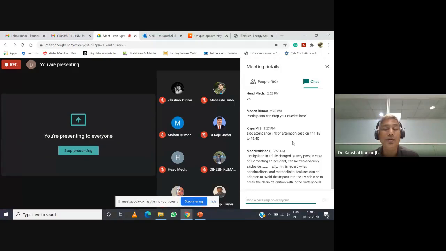And certainly you cannot allow the fire to go inside the cabin. If you are putting the pack at the bottom, or below the second row seat, that place has to be secured properly. There are other ways also. You quickly cut off the battery pack through the BMS; that's where the BMS becomes very important.